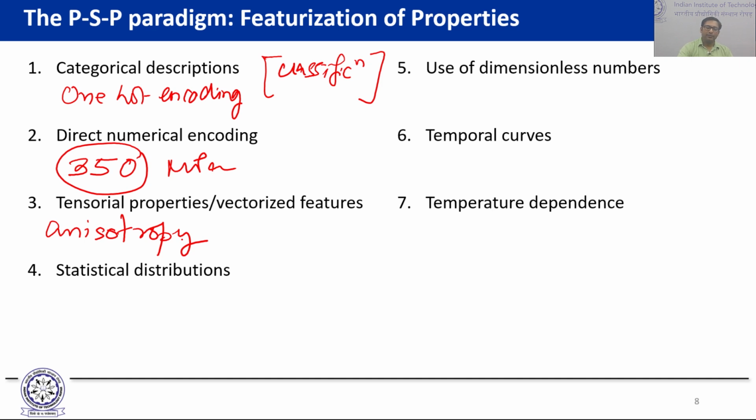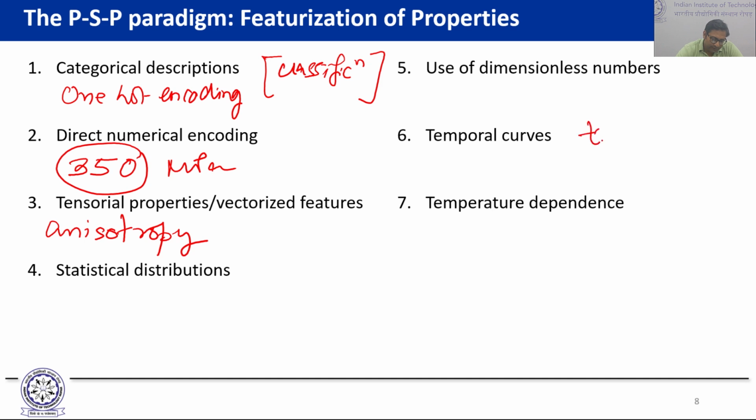Many times, people also work with dimensionless numbers. So especially people who are working in the domain of fluid mechanics or materials processing where a good amount of fluid mechanics is involved, they often use dimensionless numbers in their work. And so this is another way in which you can featureize your problem. Then you have got this option of looking at temporal curves.